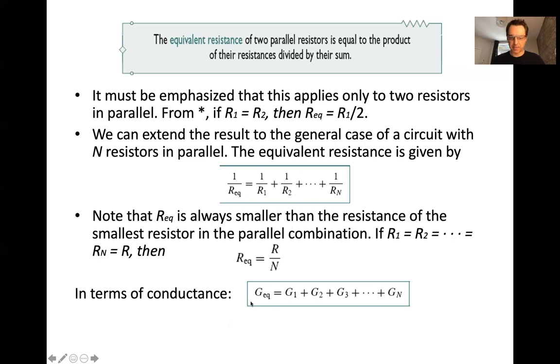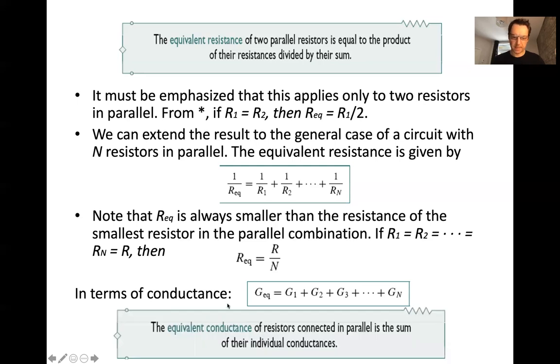And then we have the conductance rule for resistors connected in parallel as GEQ is equal to G1 plus G2 dot dot dot all the way through GN. So when you have resistors connected in parallel, the equivalent conductance of that network is equal to the sum of the individual conductances.